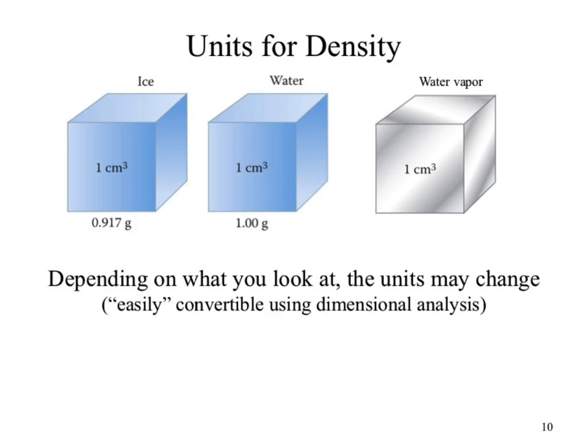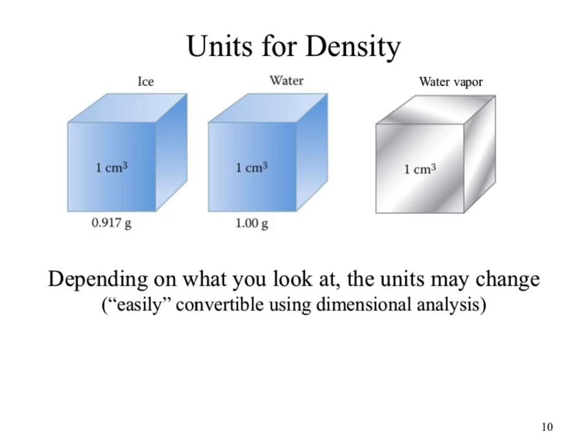Depending on what species we're looking at, we may see different values for the density. Because the value might change, we might also change the unit. If we take a look at ice, your density measurement is grams per centimeter cubed. If we look at water, it's grams per centimeter cubed.